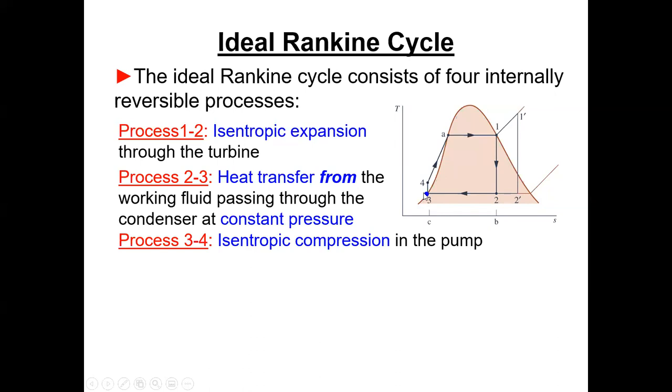Then we have the isentropic compression in the pump. Again, we're ideal, so we're going to go straight up from the condenser pressure to the boiler pressure, to this isobar up here.